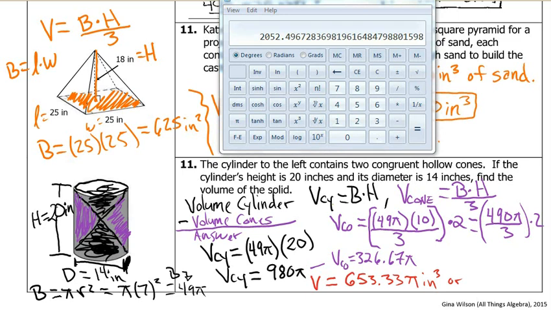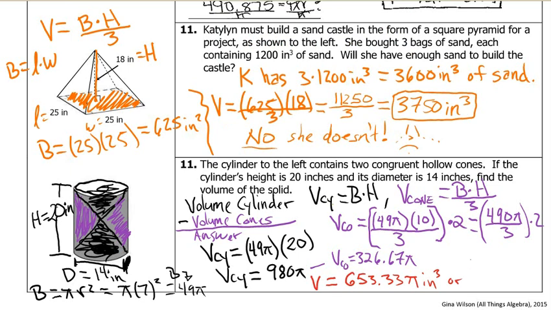So 2053 if it's a whole number or integer. My volume of the solid is 2053 inches cubed. So this is my final answer. Circle it, square it, box it. That is how you do these.